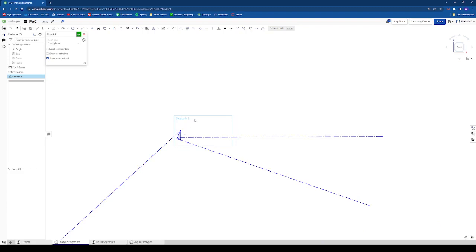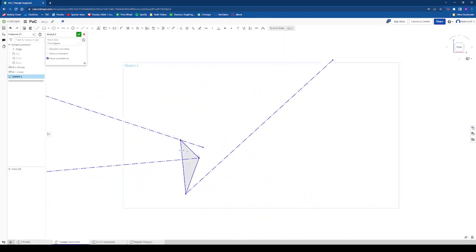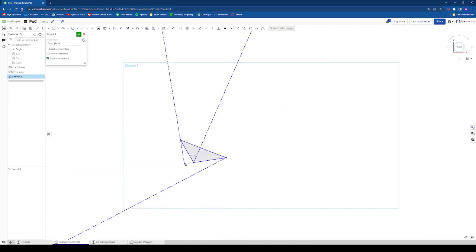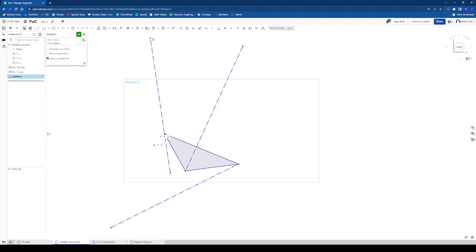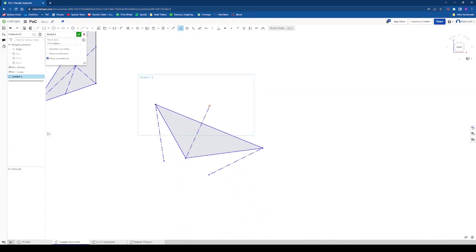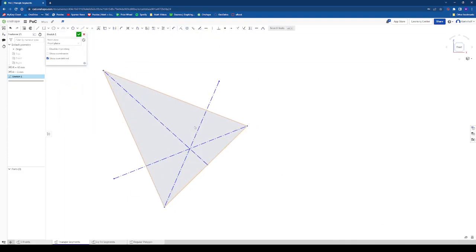I think I just made it way too small. Okay. So I've got my triangle back. I'm fixing this right now. I'm going to make that there. That way they'll come together. There we go.